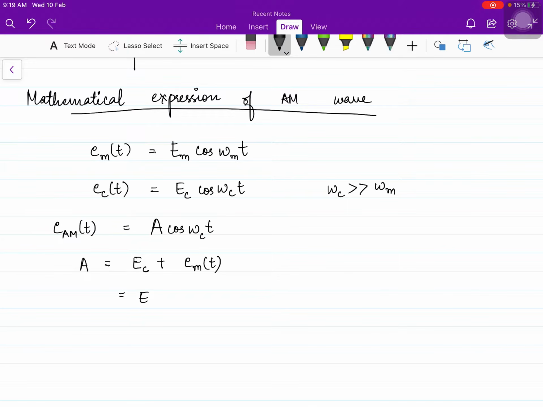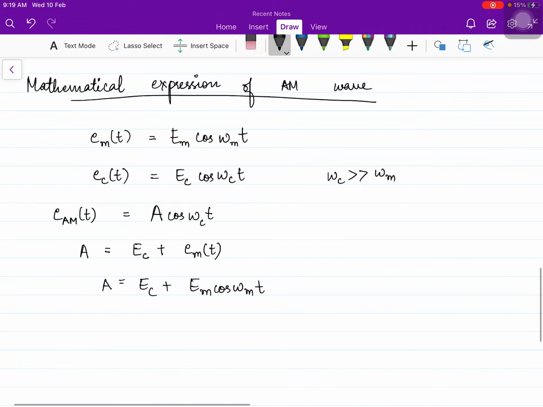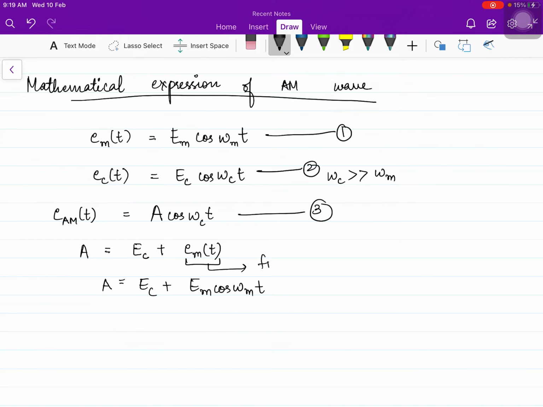So now let's open it. It is Em cos omega m t. As you can see from the very first equation, let us mark it as first, second and third. So you can say from first. Now take Ec common and you will get 1 plus Em upon Ec cos omega m t.